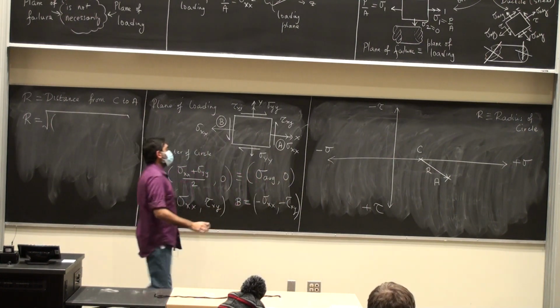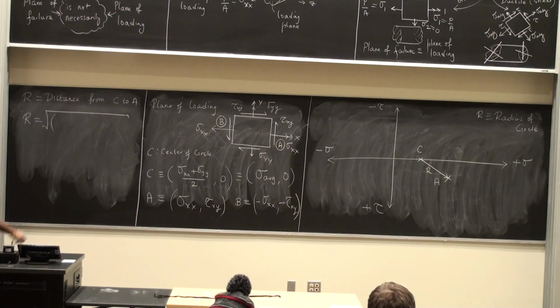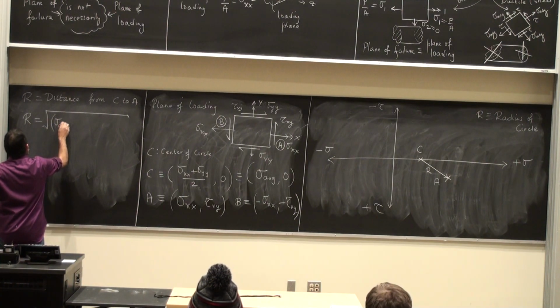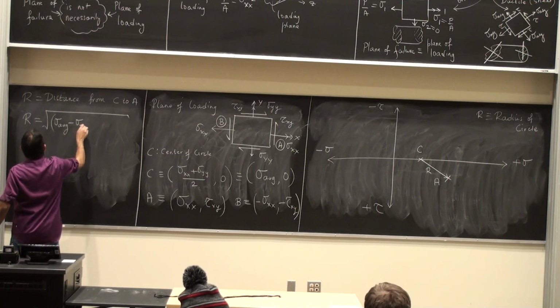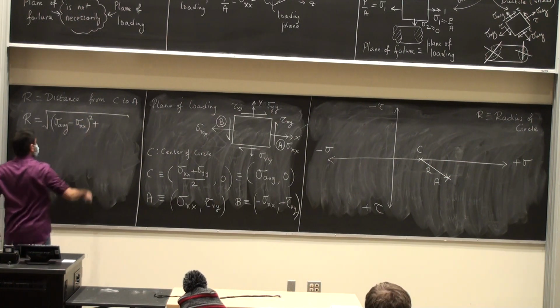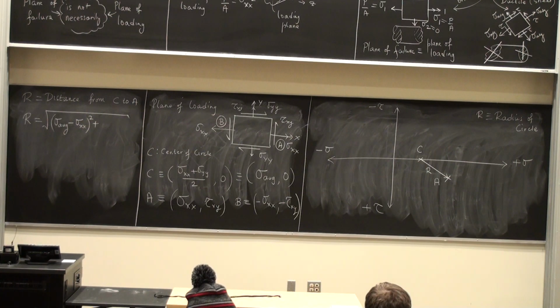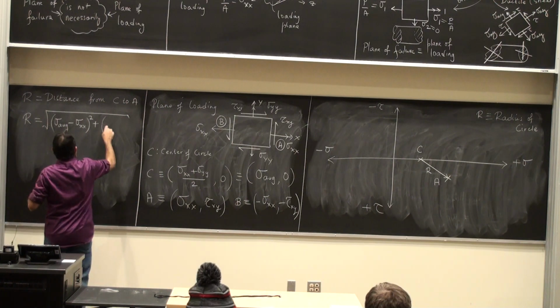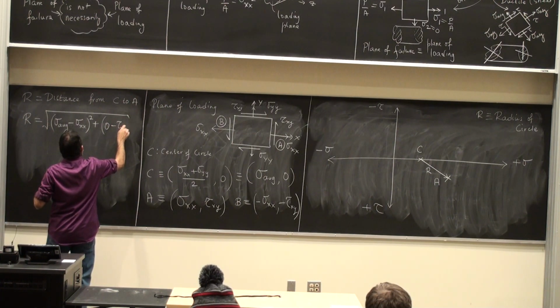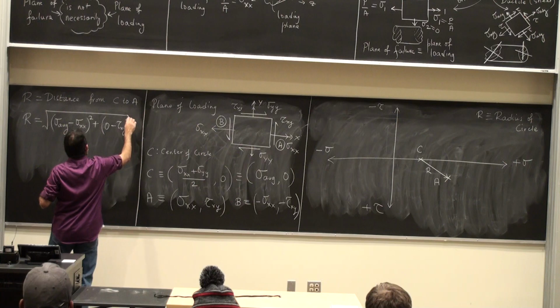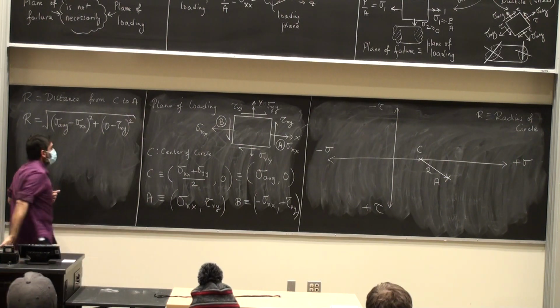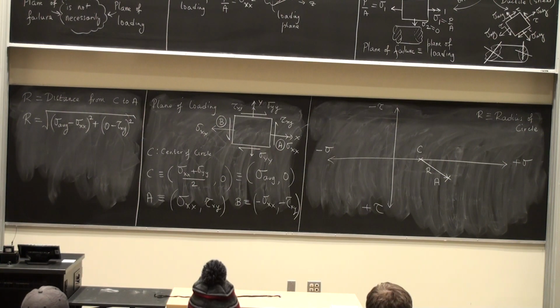So the coordinates of C are sigma average and 0, and so this is going to be the square root of (sigma average minus sigma xx) squared, the difference between the x coordinates squared, plus (0 minus tau xy) squared. This is the radius of the circle.